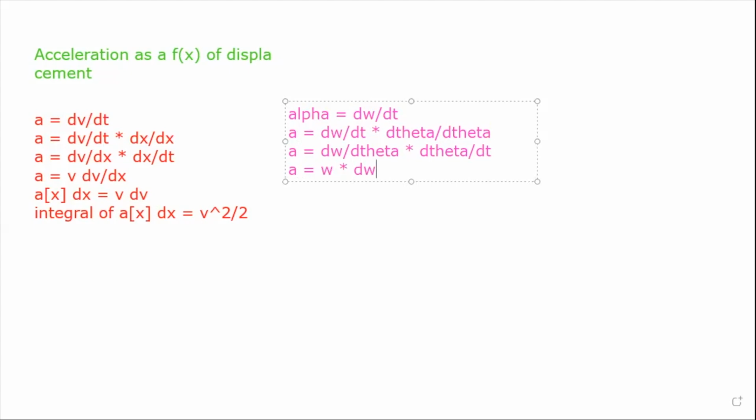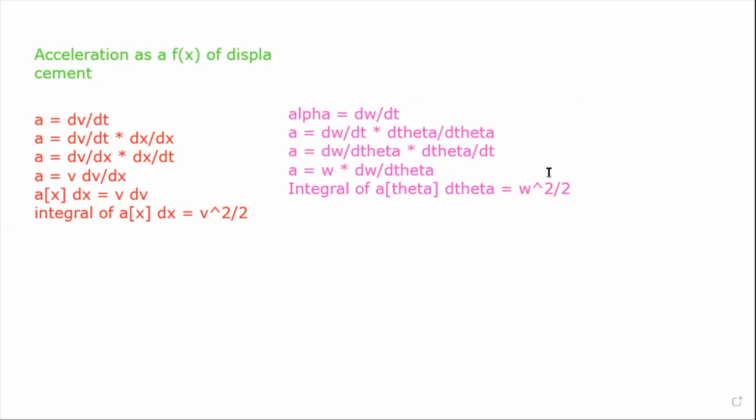Once again, we can move it to this side and take the integral. So you have the integral of alpha of theta d theta, and this is equal to omega squared over 2. So now we have both the rotational and linear versions.